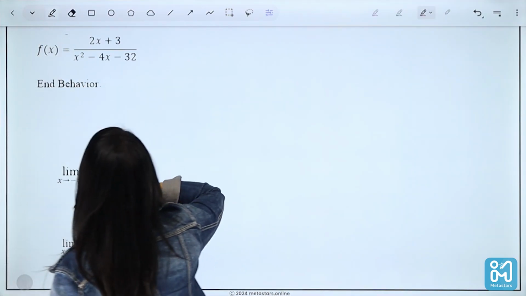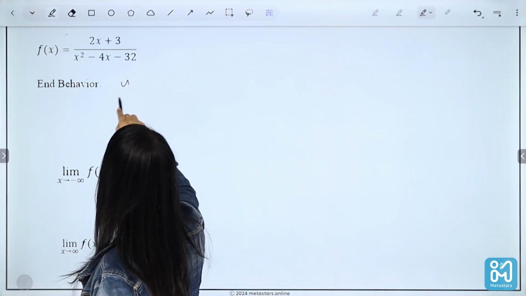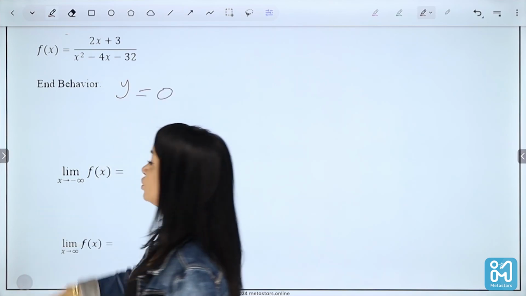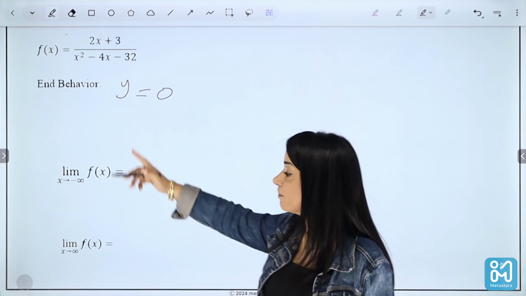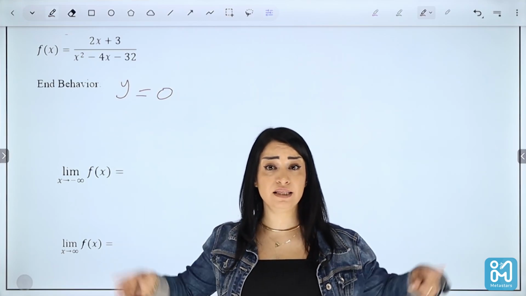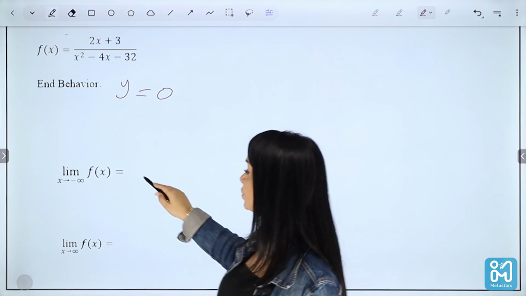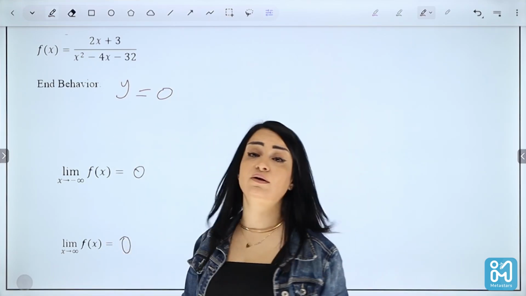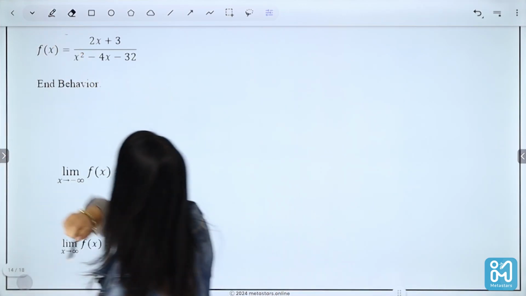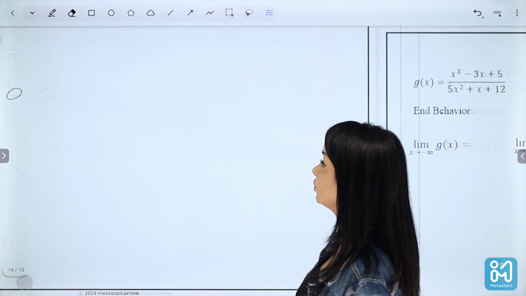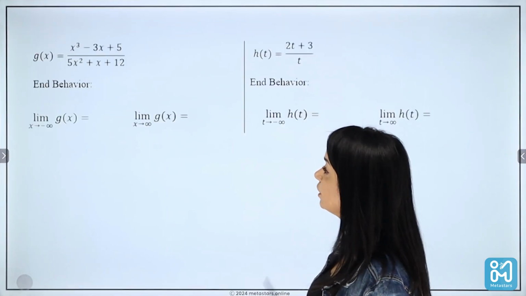So we have end behavior at y is equal to 0. What is our limit now at the end behavior? Our limit from the left side and right side is going to 0. Why here? Because we have a horizontal asymptote at y is equal to 0.